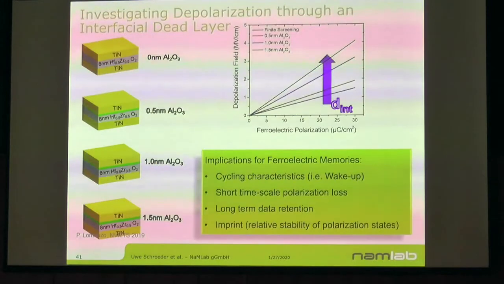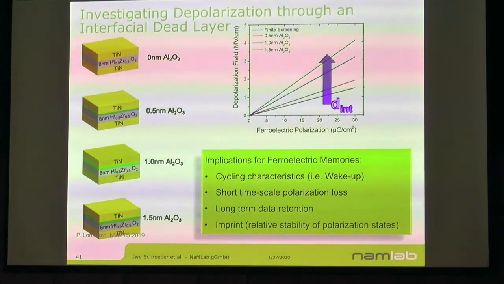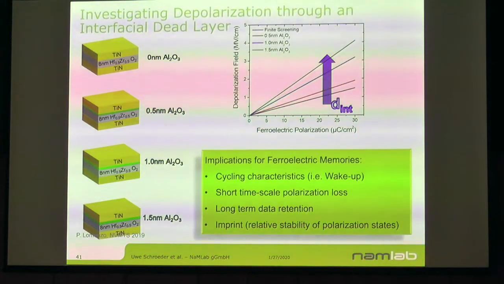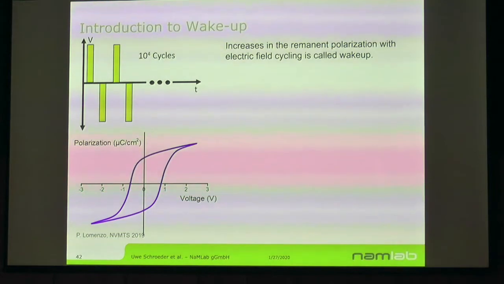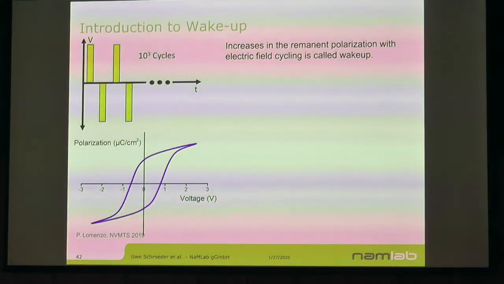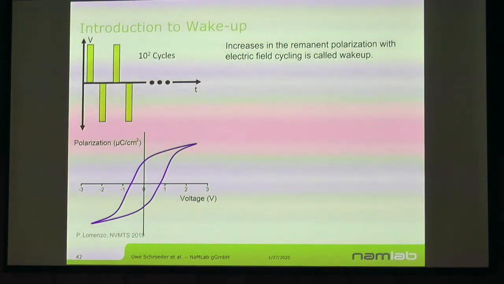Okay, quickly, wake-up behavior. That's where you should see this effect. We prepared some samples where we have a defined interfacial layer with different aluminum oxide thickness, which is a non-polar layer. And what do you expect from this cycling behavior? You see what I explained, from a pinch to a nice hysteresis loop.